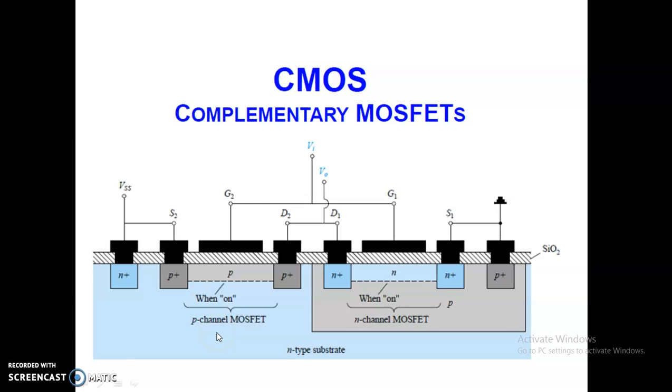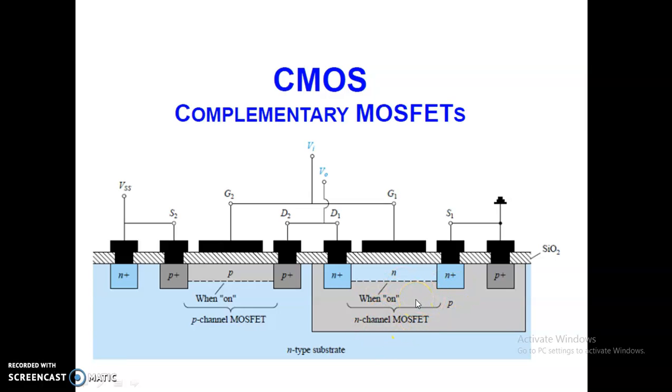The P-well region acts as a substrate for the N-channel MOSFET. The N-channel device is fabricated in the P-well region and the P-channel device is fabricated in the N-type substrate. You can see from the figure.